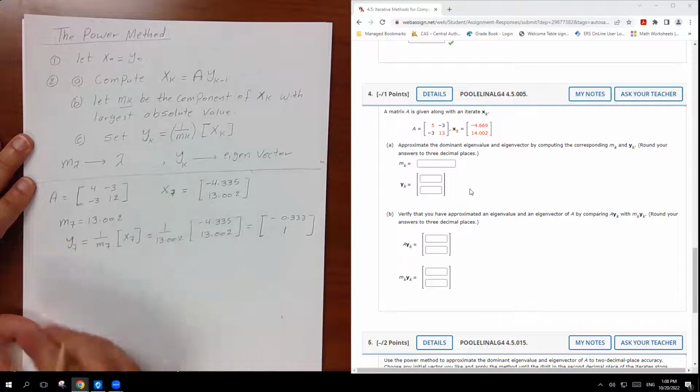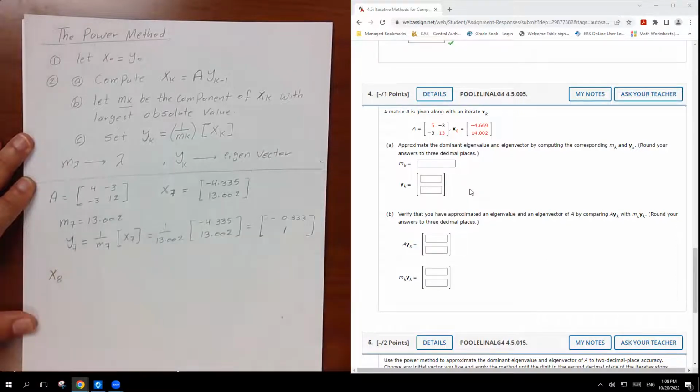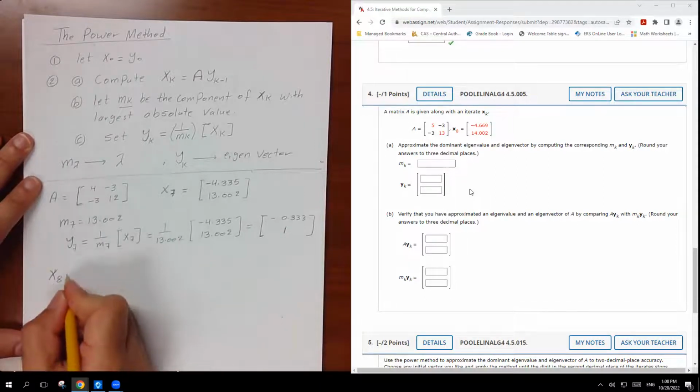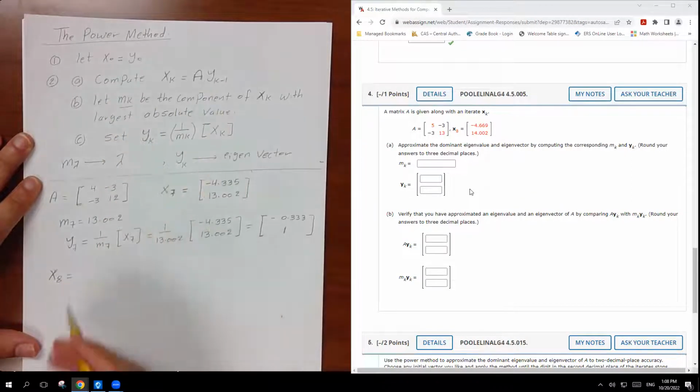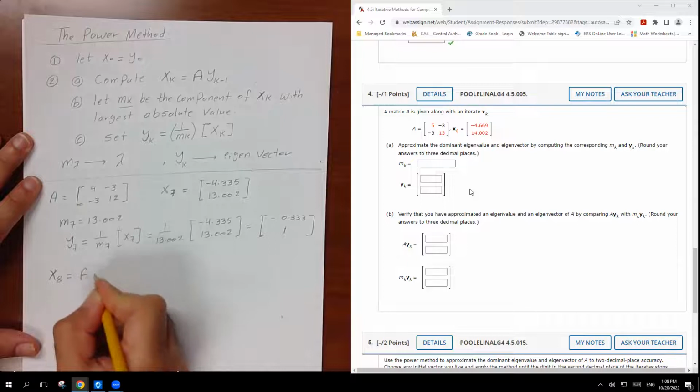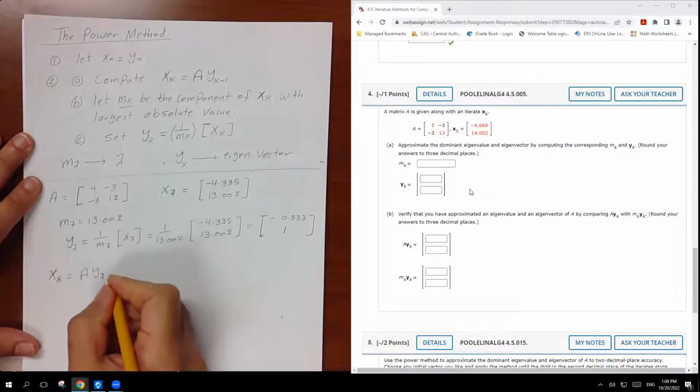Now I have Y7 and X7, so I'm going to find X8, the next step. You can create a table for this, and we'll do that with the next example. So how to find X? A times Yk minus 1, A times Y7. That's why I need to find Y7.